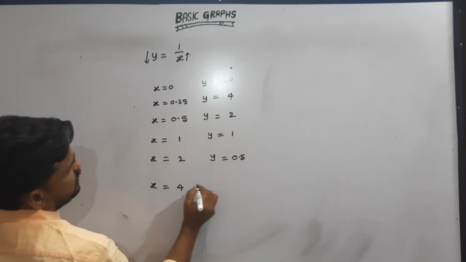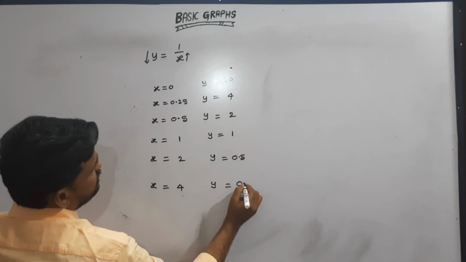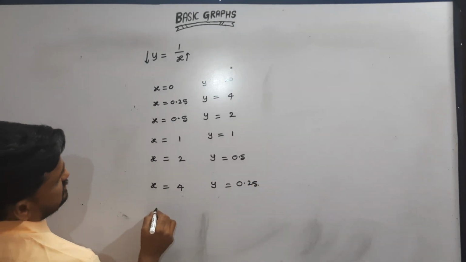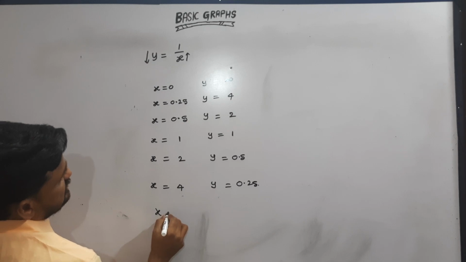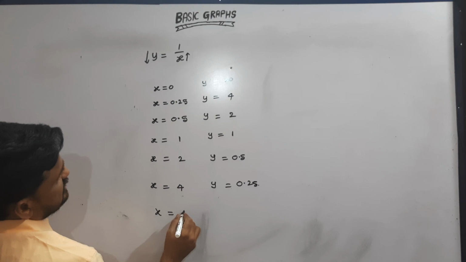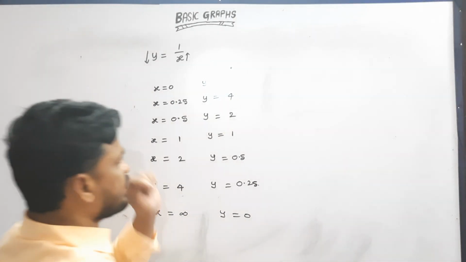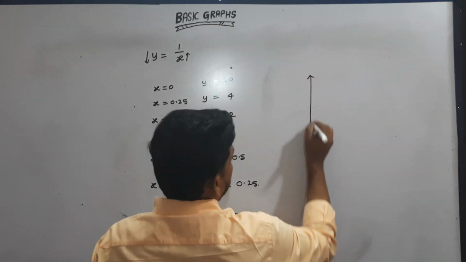At x equal to 4, y value 0.25. At x equal to infinity, y value 0. Plot a graph between these values.